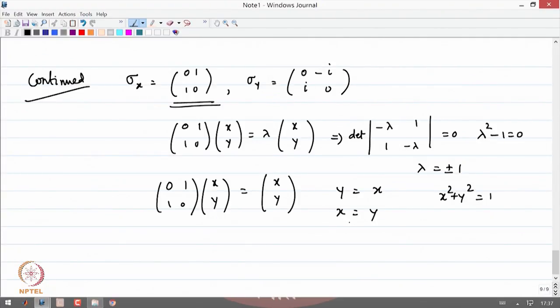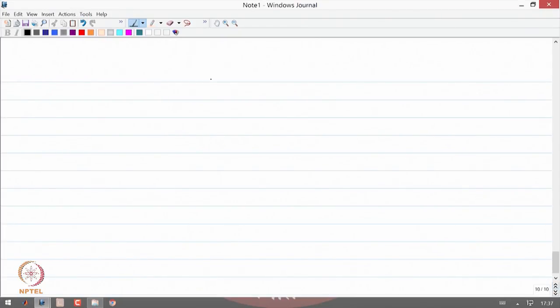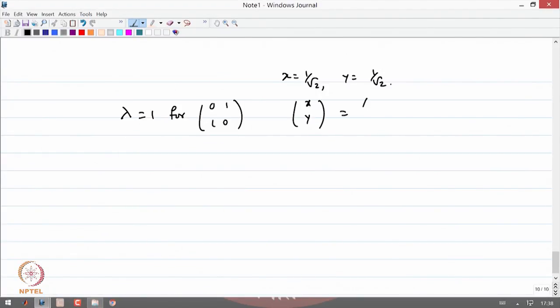Therefore, if x is equal to y, then y squared plus y squared is equal to 1, or y is equal to 1 by root 2. We will take the positive root. Therefore x is equal to 1 by root 2, y is equal to 1 by root 2. So the eigenvalue lambda is equal to 1 for this matrix 0, 1, 1, 0, and the eigenvector (x, y) is (1 by root 2, 1 by root 2).